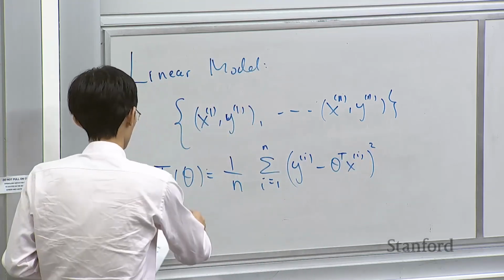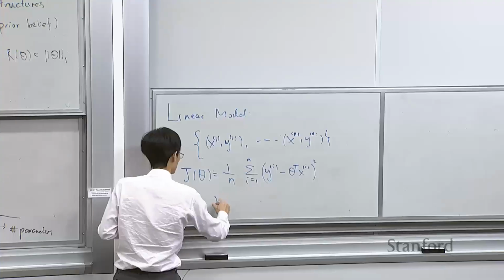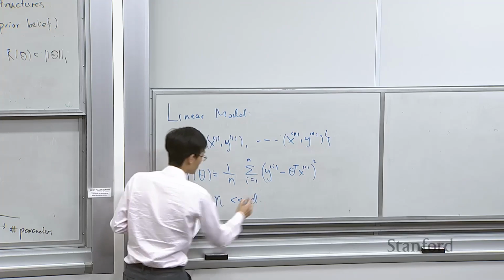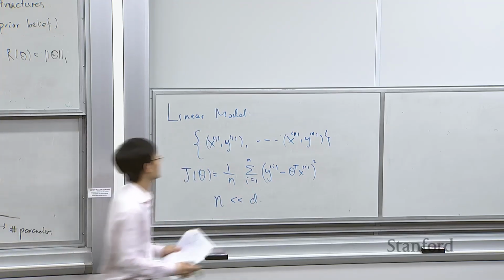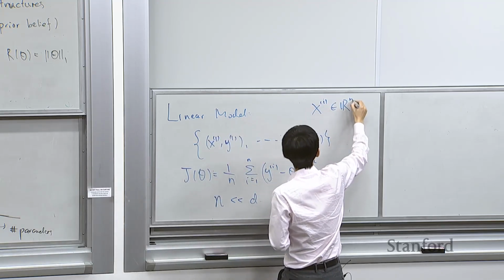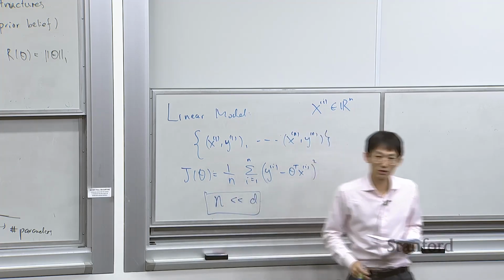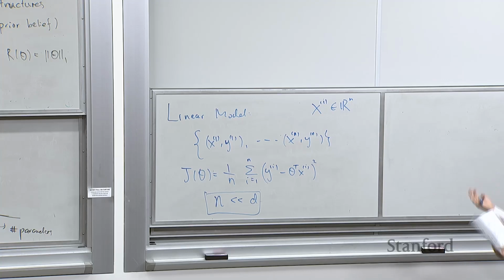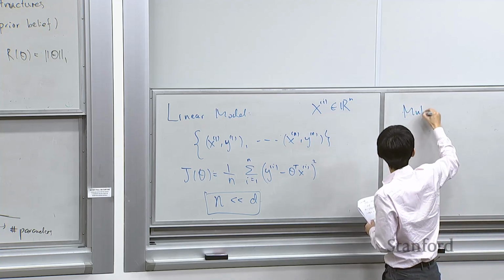But the one different thing is that we assume n is much smaller than d. So you have very few examples and very high dimension. What is d? d is the dimension of the data, and n is the number of examples. I'm going to assume n is much smaller than d. So this is over-parameterized. You have multiple global minima. First of all, you have multiple global minima.